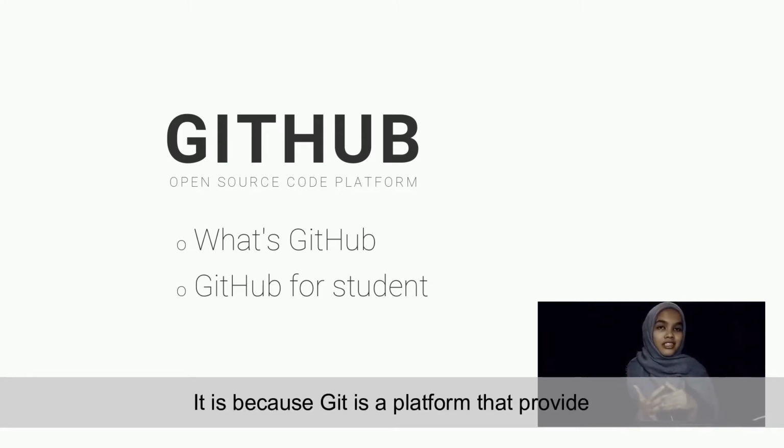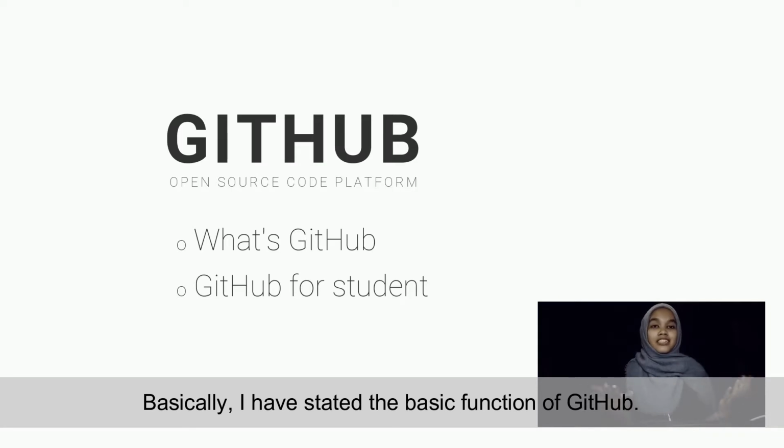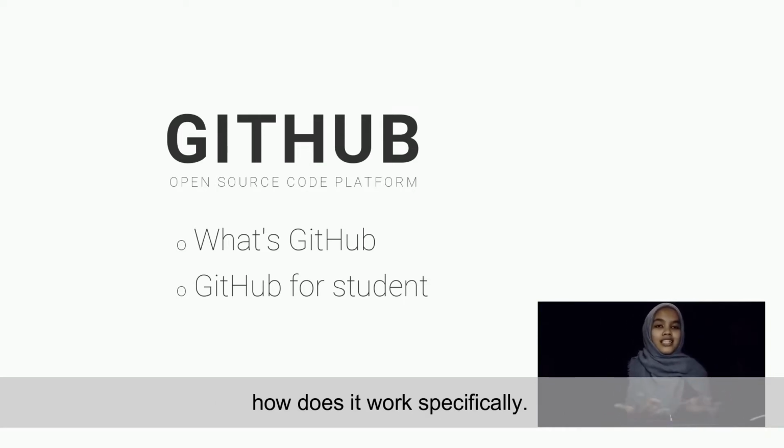Because GitHub, the Git, is a platform that provides developers and expert programmers a place to upload their open source code. So, I have basically stated the basic functions of GitHub.